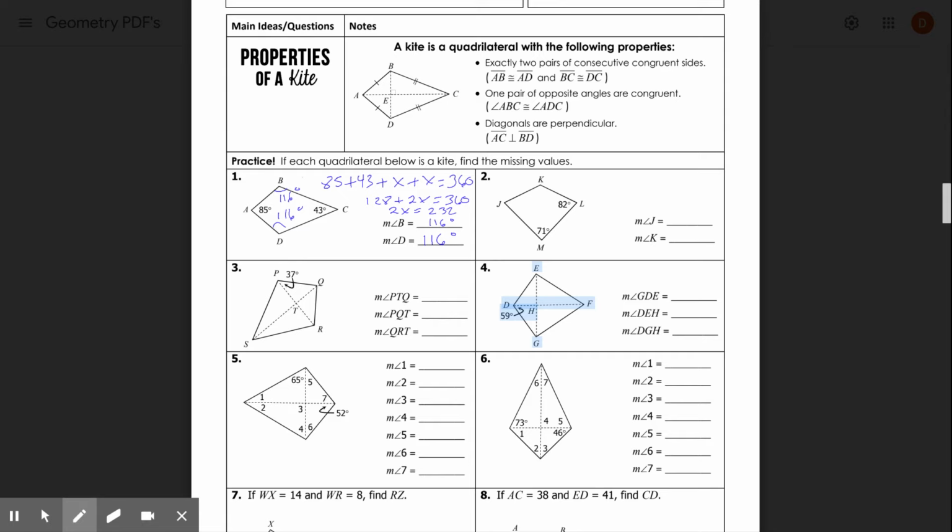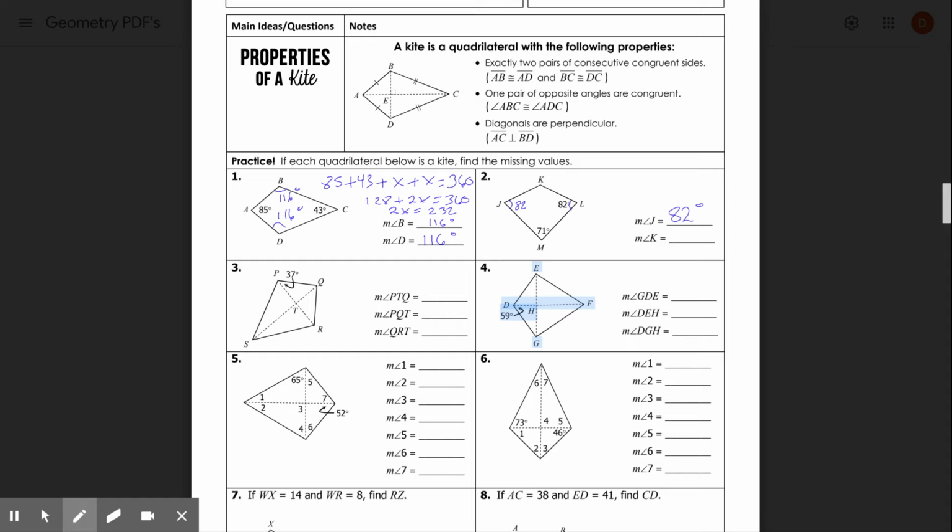we have 82 degrees here, 71 degrees here. So here are the two that would be the same. So angle J is 82, just like angle L. And then now we know 3 of the angles, and we need to find the 4th angle.